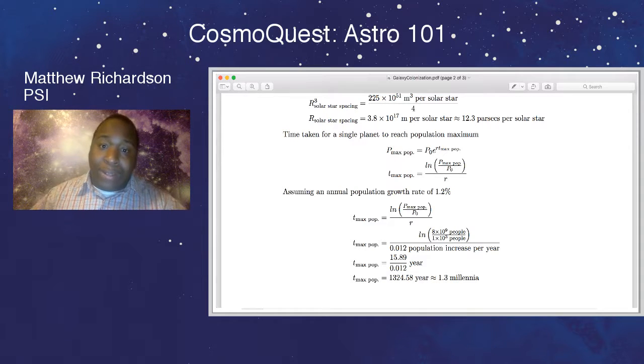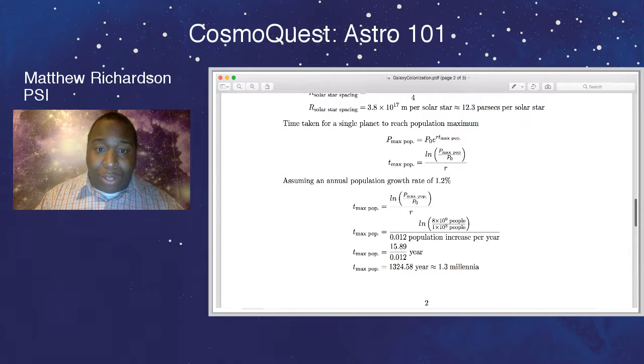So essentially, we're seeding the new planet with 1,000 people to start off with, which is what P naught, or P sub 0, corresponds to. We plug all this information into our equation, and we see that the amount of time it takes for the population to reach the maximum is 1,324.58 years, or another way of putting it, 1.3 millennia.